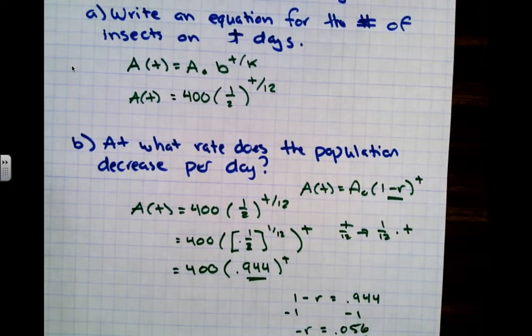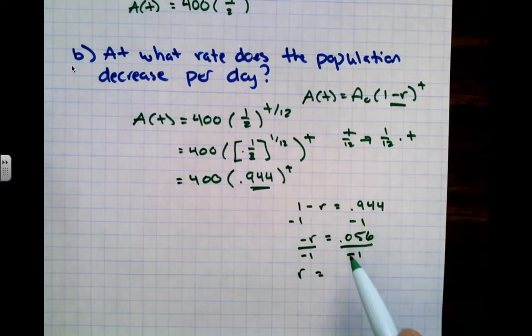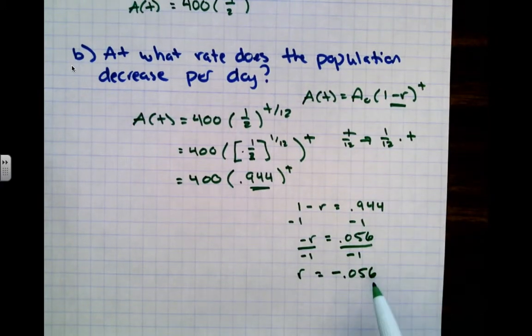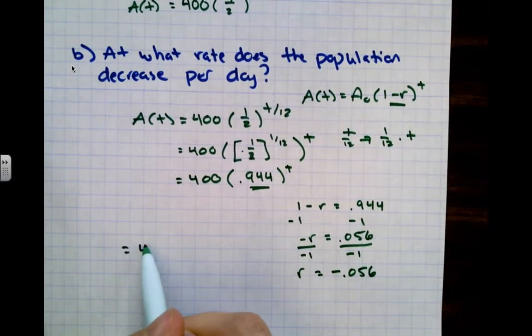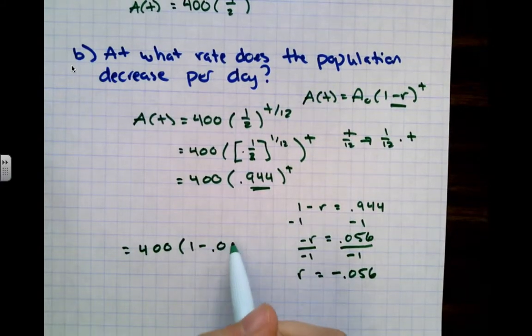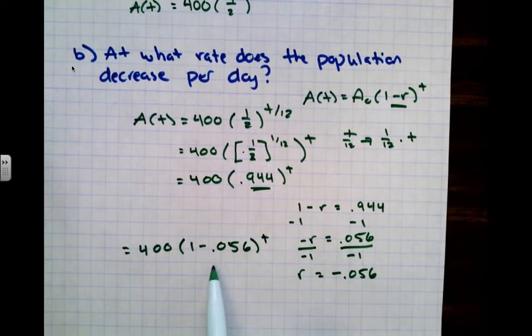R would end up equaling 0.056. Now that tells me that's my rate, so I'm going to be decreasing. So I could rewrite this formula like this to the t. This is equivalent to this, .944 is really saying the same thing as 1 minus 0.056.